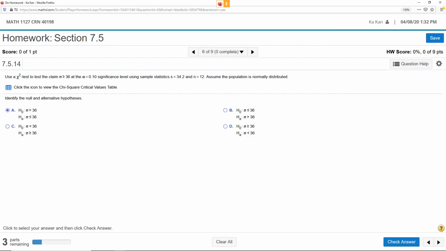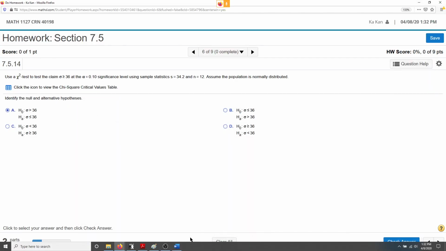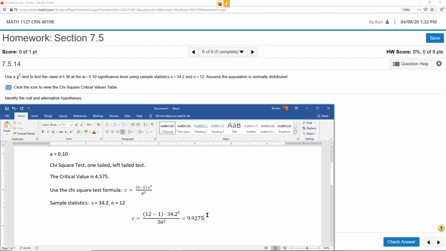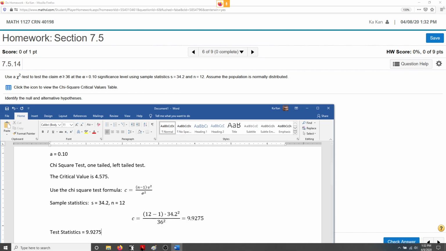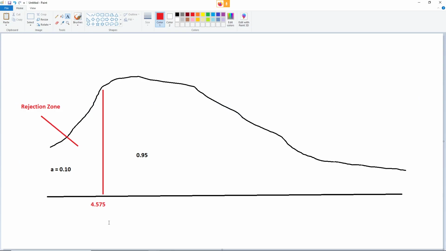So look at this. The test statistic is 9.9275, and I forgot how many decimal places they want. But what does that mean? Let's go to the paint. Meaning right now the value we got, and I'll make it blue, is gonna be on the right-hand side right here.